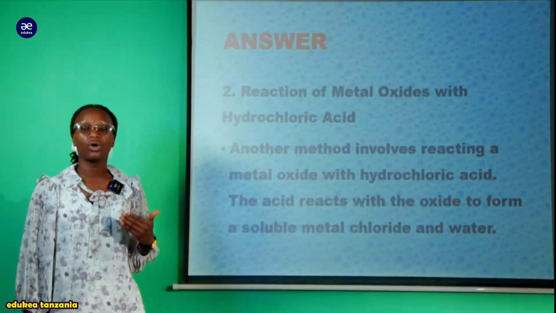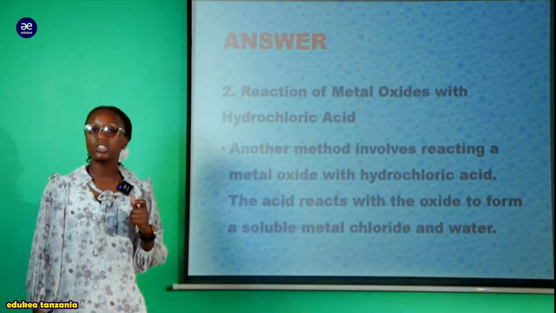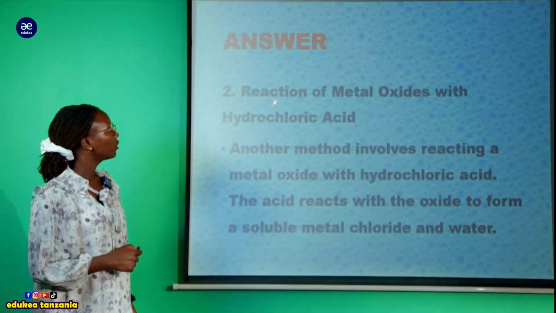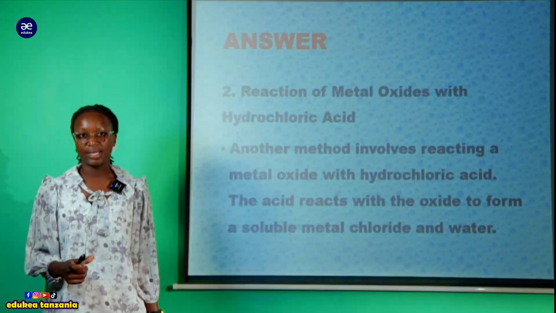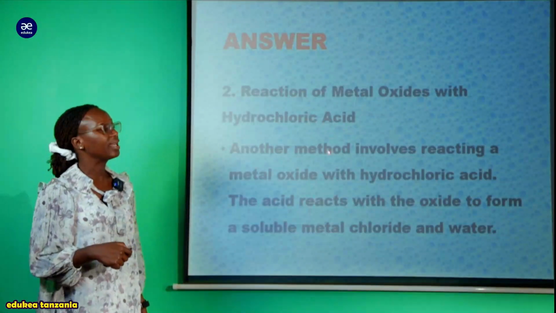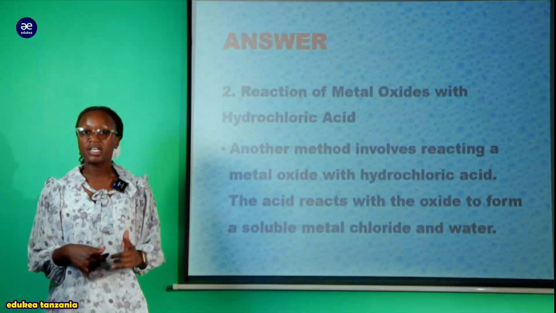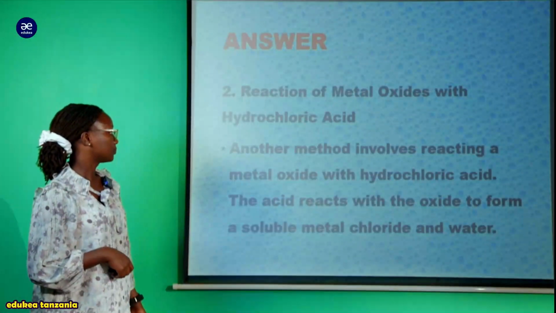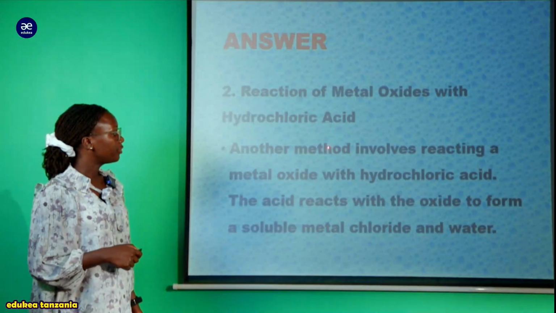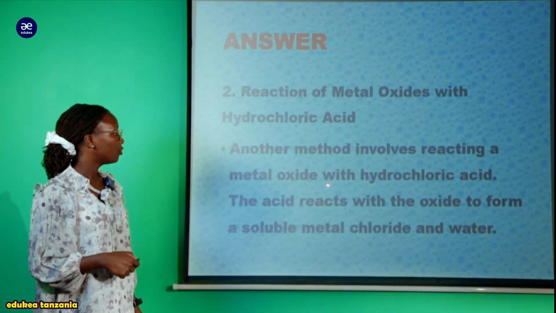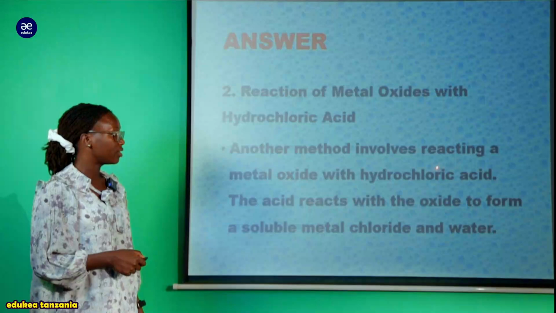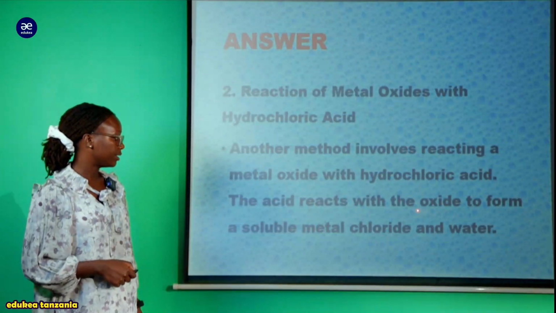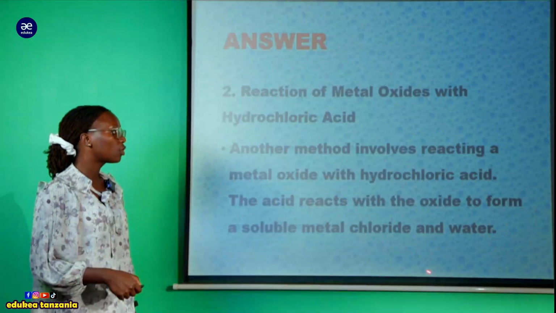Reaction of metal oxide. Earlier we looked at the reaction of a reactive metal with the HCl. But here we are looking at the reaction of metal oxide with the hydrochloric acid. Another method involves reacting a metal oxide with hydrochloric acid. The acid reacts with the oxide to form a soluble metal chloride and water.